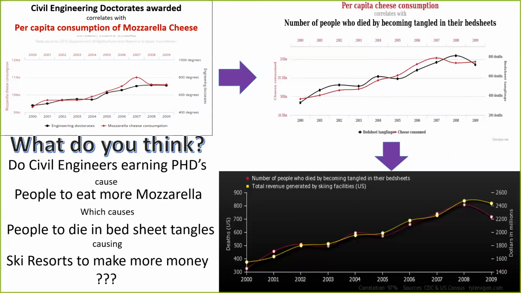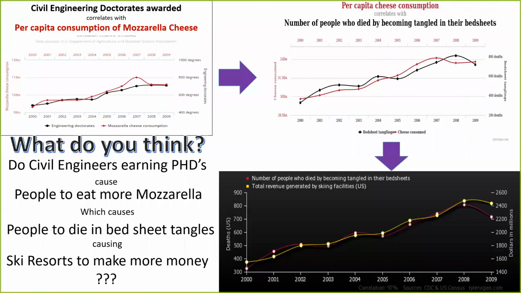Do you think civil engineers earning PhDs cause people to eat more mozzarella, which causes people to die in their bed sheet, strangling them, so that ski resorts make more money? Absolutely not. It's the most ridiculous thing I ever heard.